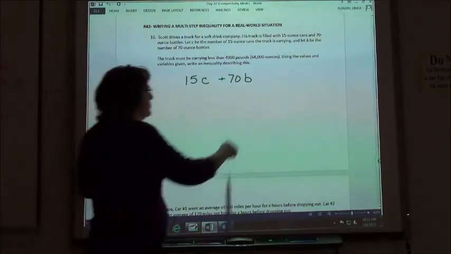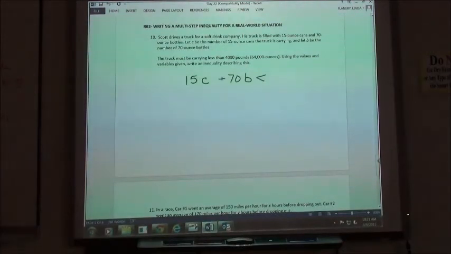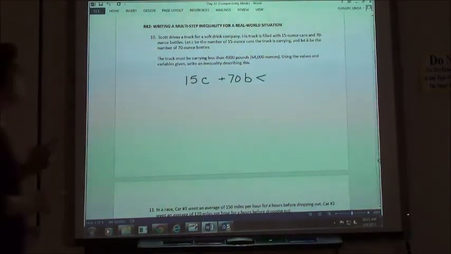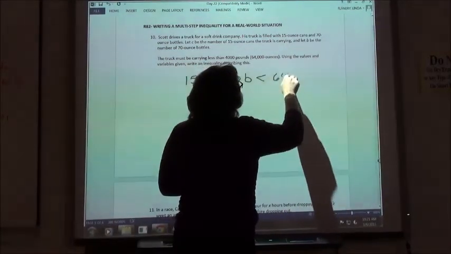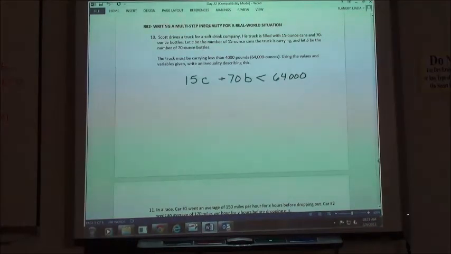And which one of those two numbers should I be using? 4,000. Go back and look at the question. What units are you using on the first part of the question? Ounces. So if I'm using ounces up there, I have to use ounces in my problem, right? So instead of using the 4,000, I'm going to use the 64,000. They're not going to have you solve it, they're just going to have you translate it, and that's what we're going to have.